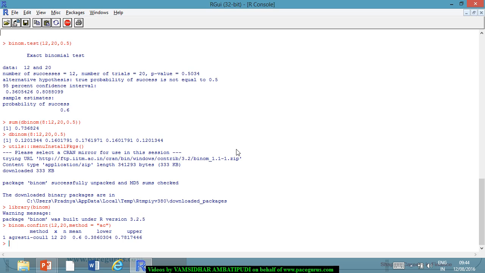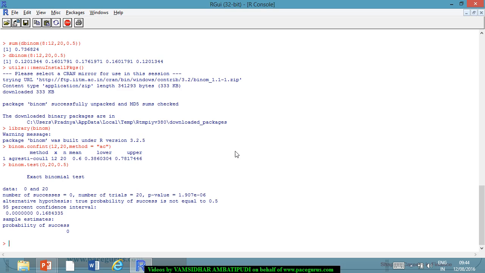binom.test, let's execute binom.test, where you have 0 successes out of 20 trials, right? And I'm looking at a p-value of 0.5. So you say that the probability of success is this much, and the 95% confidence interval is coming out to 0 to 0.16.